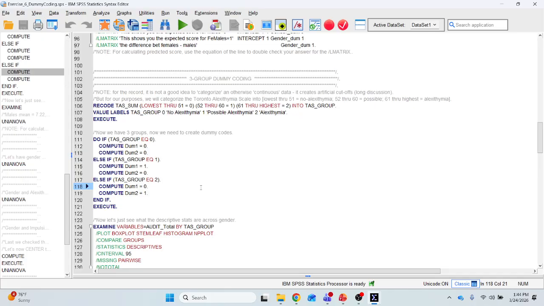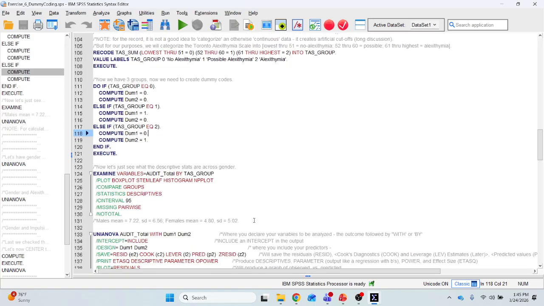If you see a 1 in this variable, I want you to put a 1 on dum1 and a 0 on dum2. If you see a 2, I want you to put a 0 on dum1 and a 1 on dum2. End of instructions, executed. Okay, with me on this one? All right, perfect.